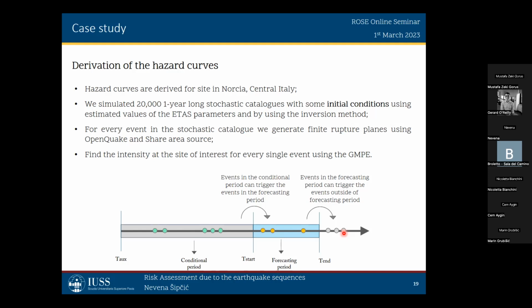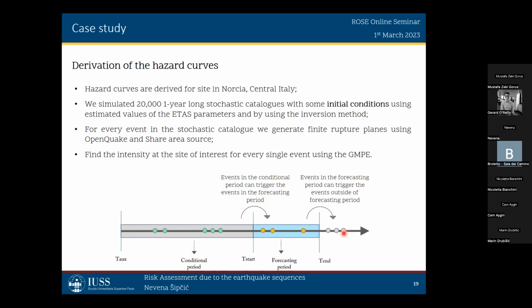Before moving to the hazard curves, it's important to note that as ETAS has memory of the events that happen before the time that we are looking at, events that happen before the forecasting period, that you can see here in blue, can trigger the events inside our forecasting period.